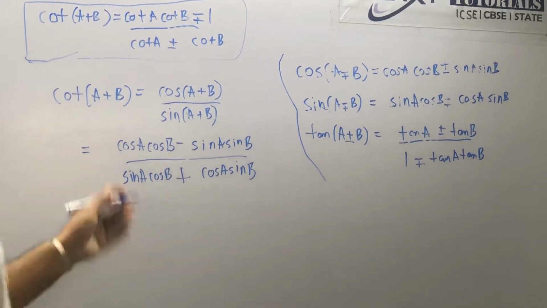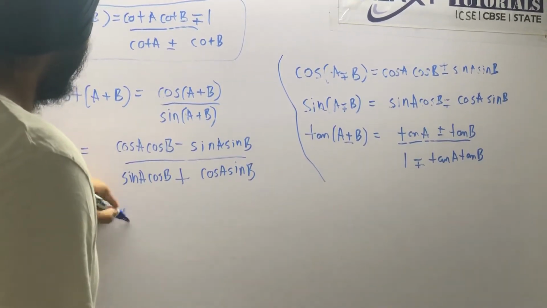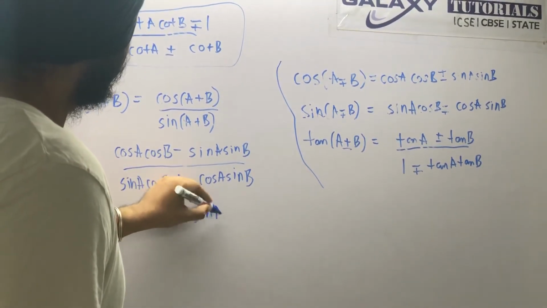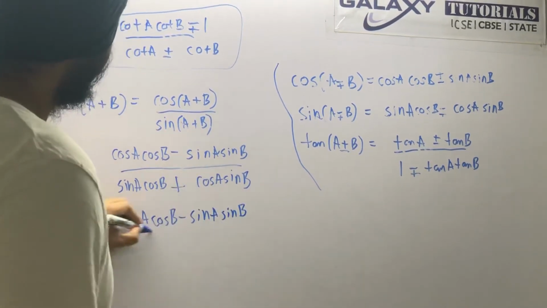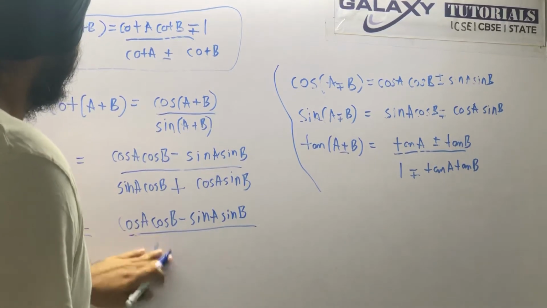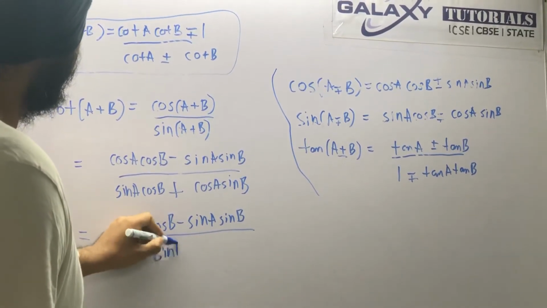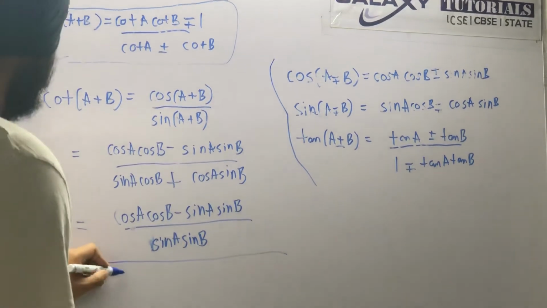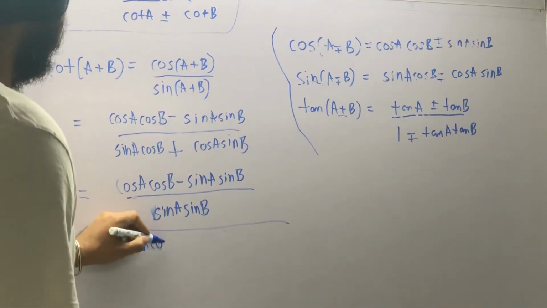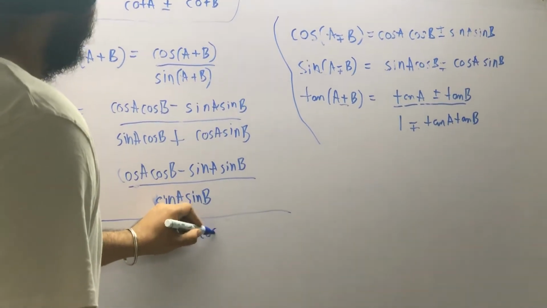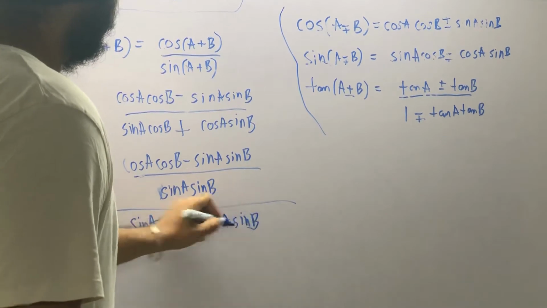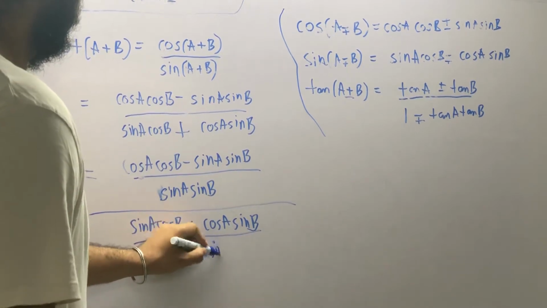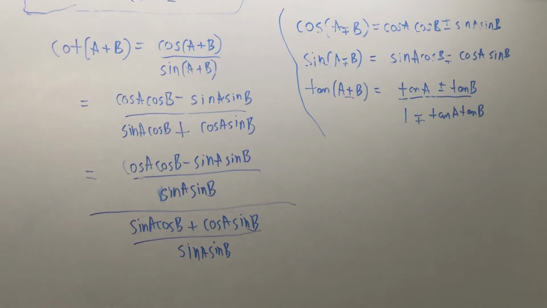So I will divide both numerator and denominator by sin A sin B. Let us see what happens. As you can see, I am dividing both numerator and denominator by sin A sin B.